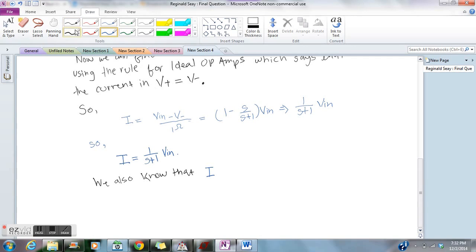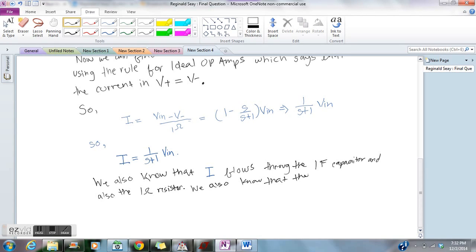So we know that the current I flows through the 1 farad capacitor, and it also flows through the 1 ohm resistor.